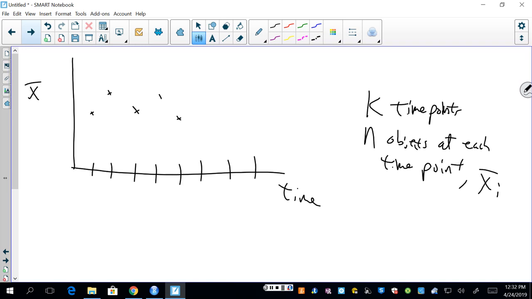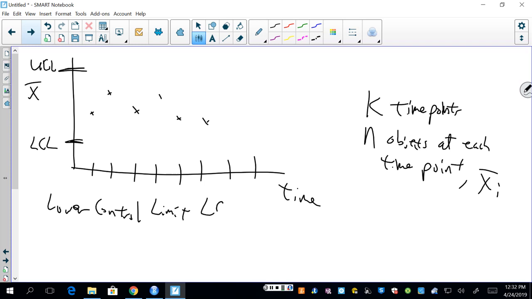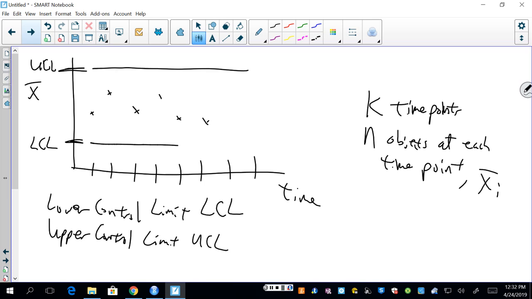And we're going to set a couple of limits: a lower control limit, LCL, and an upper control limit, UCL. If we do get an X bar outside of that, it sets up a signal that we think something has gone wrong.